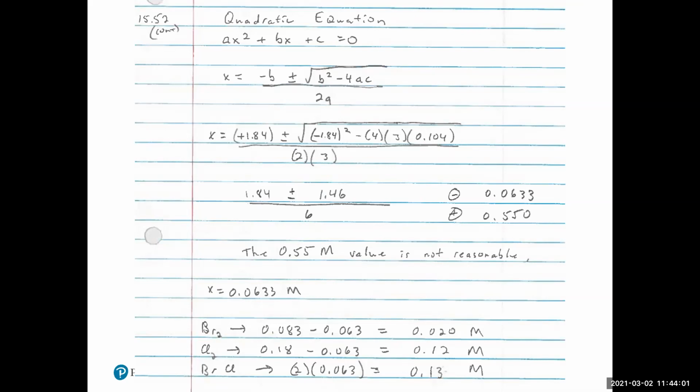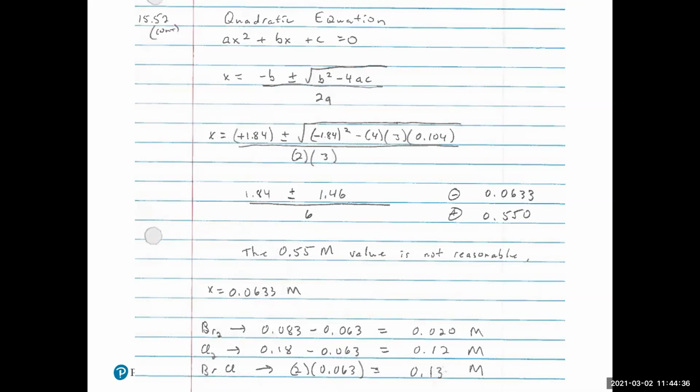So what we need to do is solve for the number under this square root, okay? We need to square the 1.84 and then subtract from it the 4 times 3 times 0.104, do that math, and then take the square root of that. If we do that correctly, we should get a value of 1.46. So now we've got 1.84 plus or minus 1.46. The denominator is 6, that's the 2 times 3.